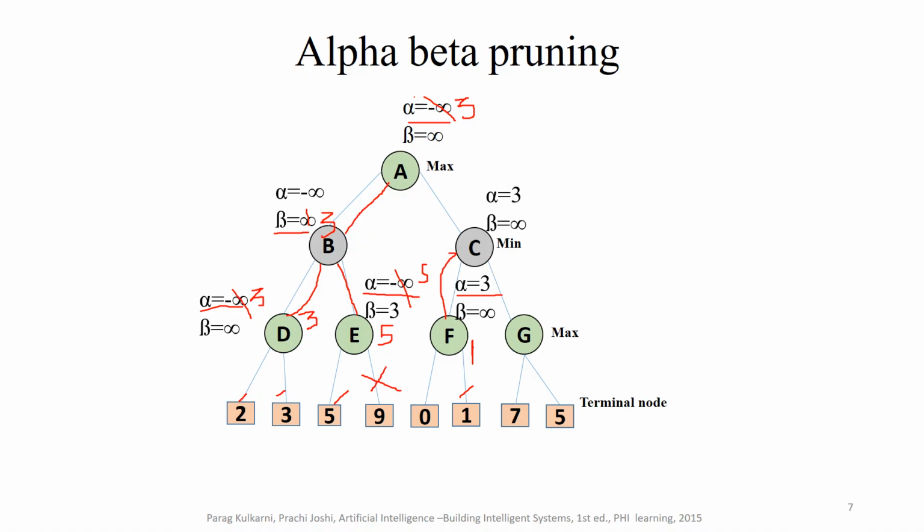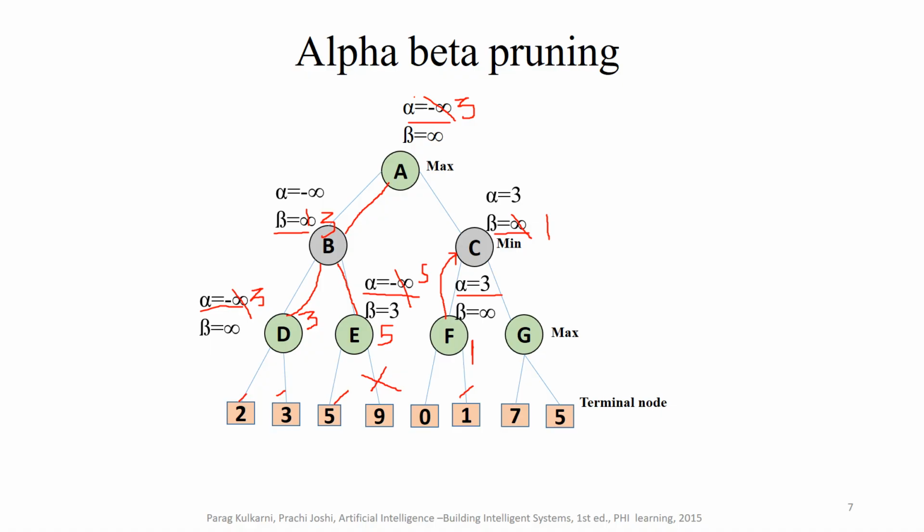Now at node C, which is the minimum node, alpha is 3. Here it has to update beta, which means it's the minimum of infinity and 1, which is 1. So this beta gets updated to 1. So at node C, alpha will be 3 and beta is 1.